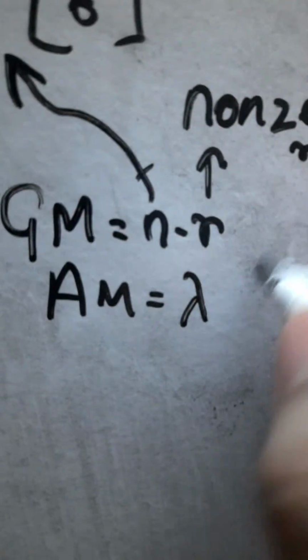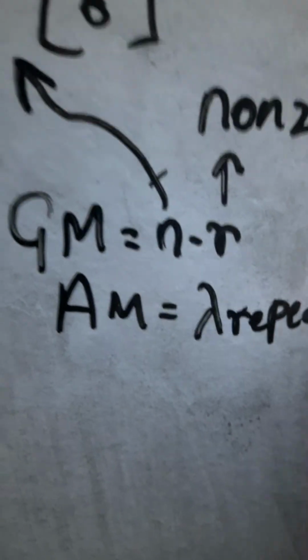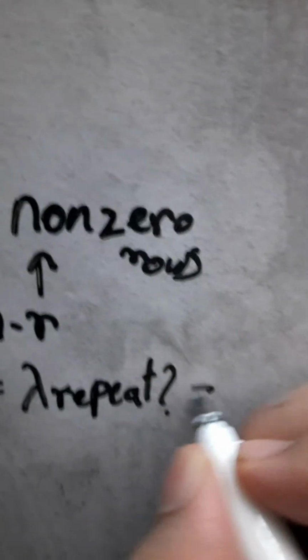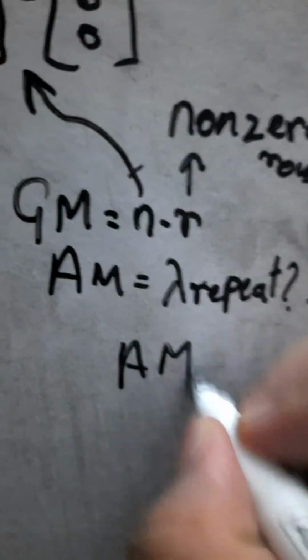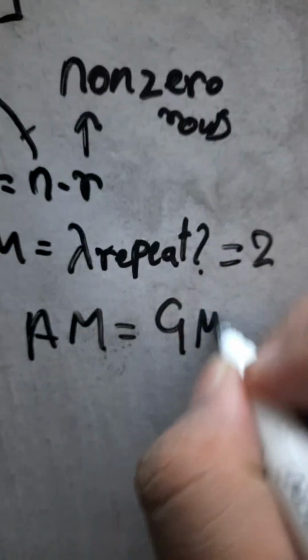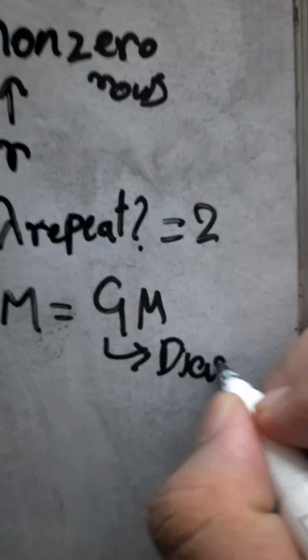Here our same lambda 2 is repeated 2 times. So what would its AM be? It would be 2. And if AM is equal to GM, then it's called diagonalizable.